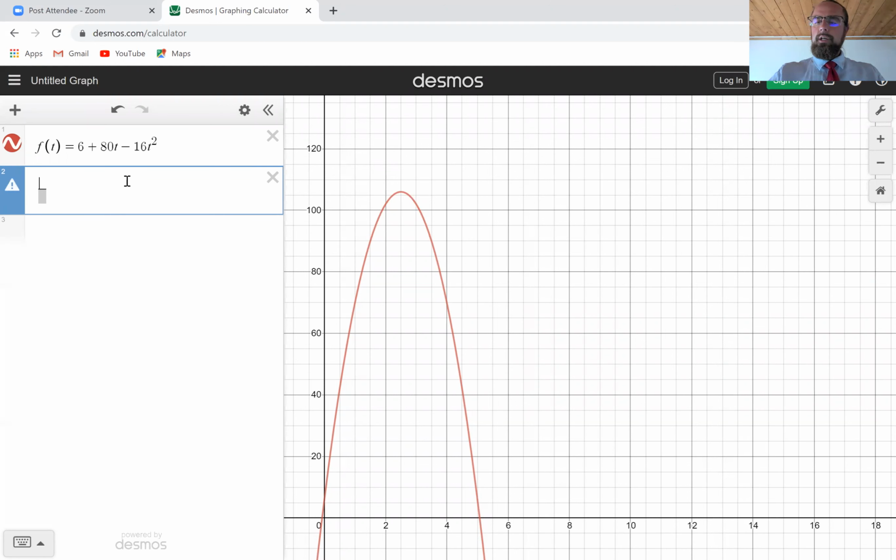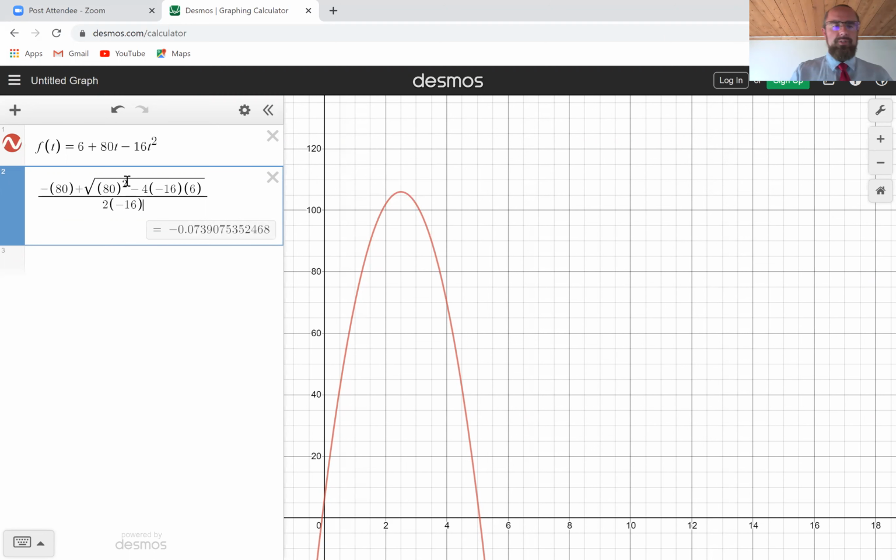It should. So I'm going to type in negative parentheses 80 parentheses. When we get to plus or minus, we choose. So I'm going to put plus first. The square root of 80 squared minus 4 times, in parentheses, negative 16, close the parentheses, times 6, all over 2 times my a term, which again is negative 16.